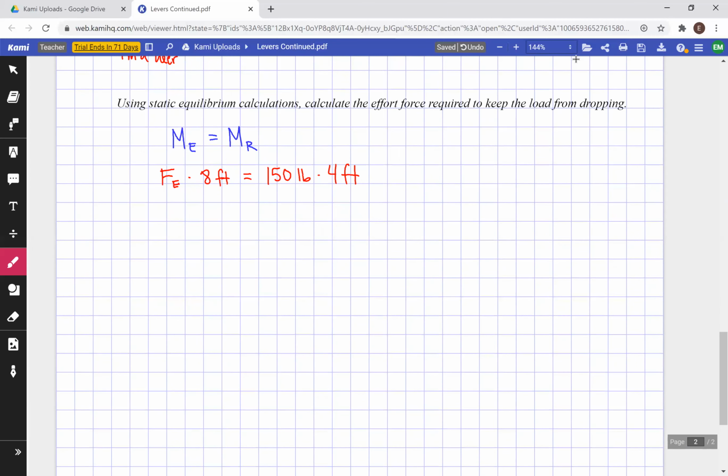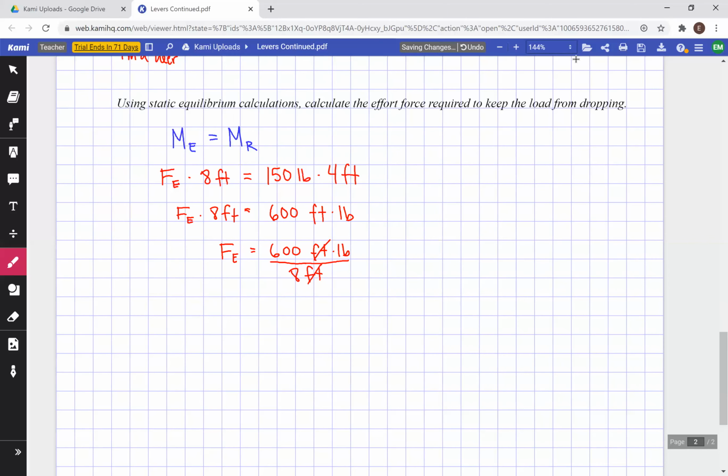Now we can work this out. So we've got FE times 8 feet is equal to 150 times 4, that's 600 foot-pounds. And then we would divide both sides by 8 feet. So FE is equal to 600 foot-pounds divided by 8 feet. The feet are going to cancel out.